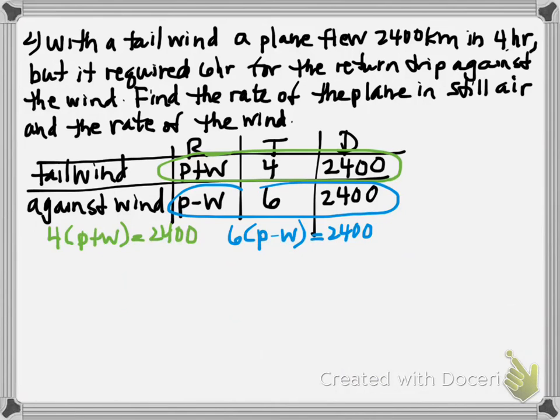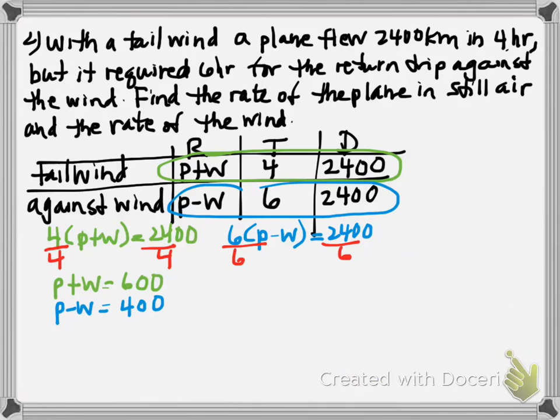If you notice, on the left side, I can divide both sides by 4. On the right side, I can divide both sides by 6. So my two equations become P plus W equals 600 and P minus W equals 400.